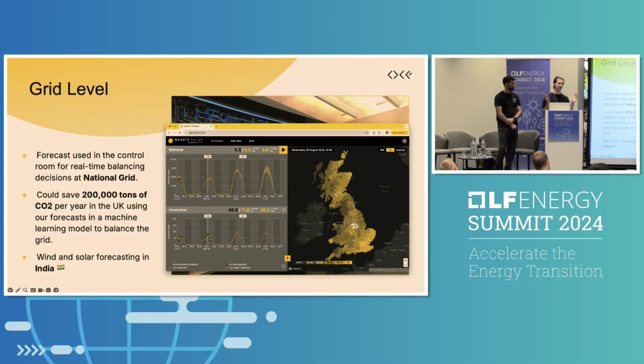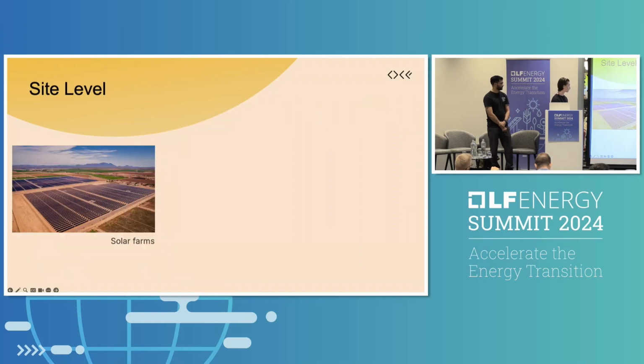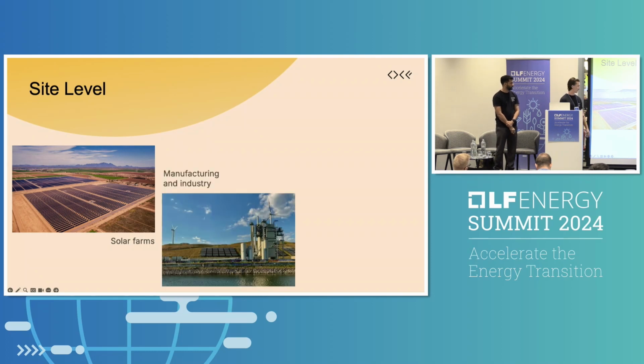Now, we're not just operating in the UK, we've also been expanding out to India. We're working with one of the largest renewable states in northwest India at the moment, doing wind and solar forecasting for them. That's part of our goal to target more coal-heavy grids where we can have a greater impact with improved forecasts. And then we're also doing things at the site level, for solar farms and manufacturing and industry.